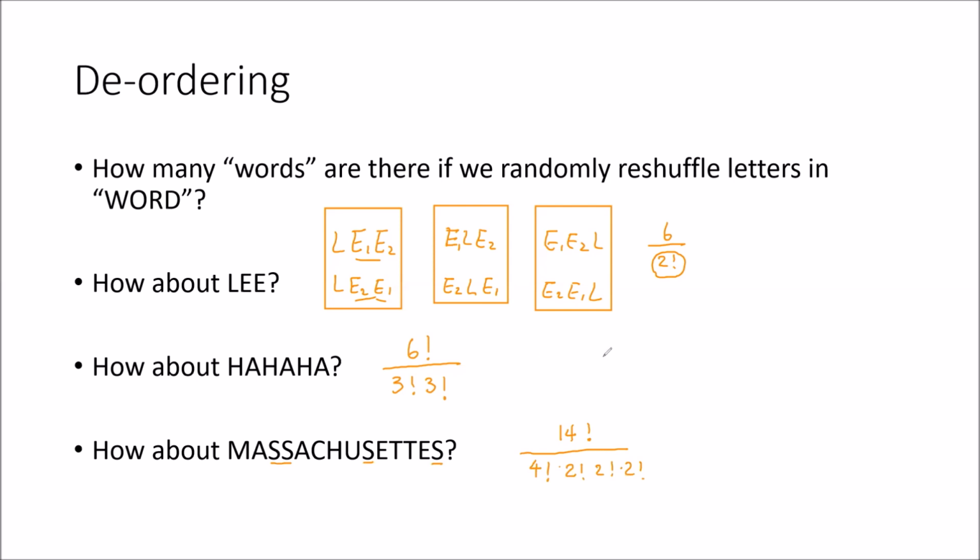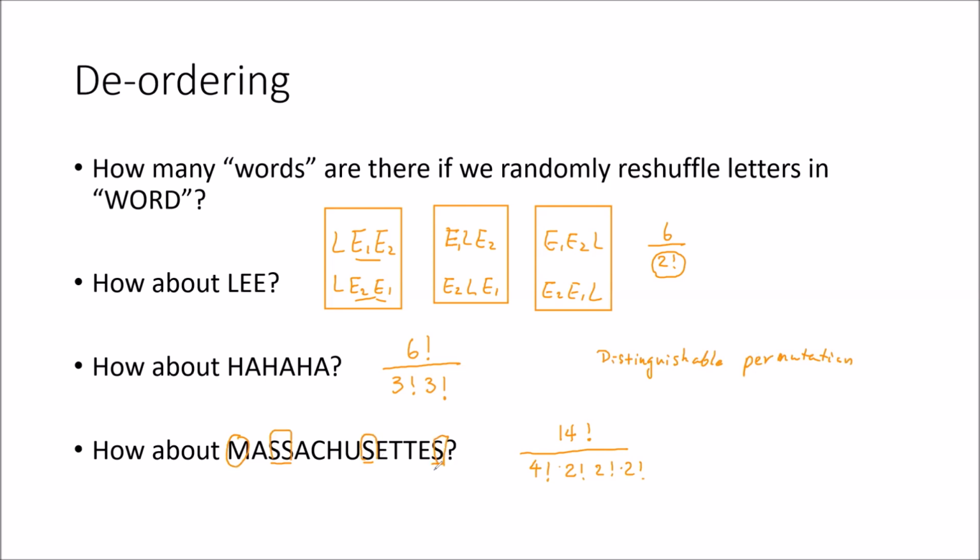This type of counting problem is called distinguishable permutation. Distinguishable in the sense that these are distinguishable. So M or S, okay, they are different.